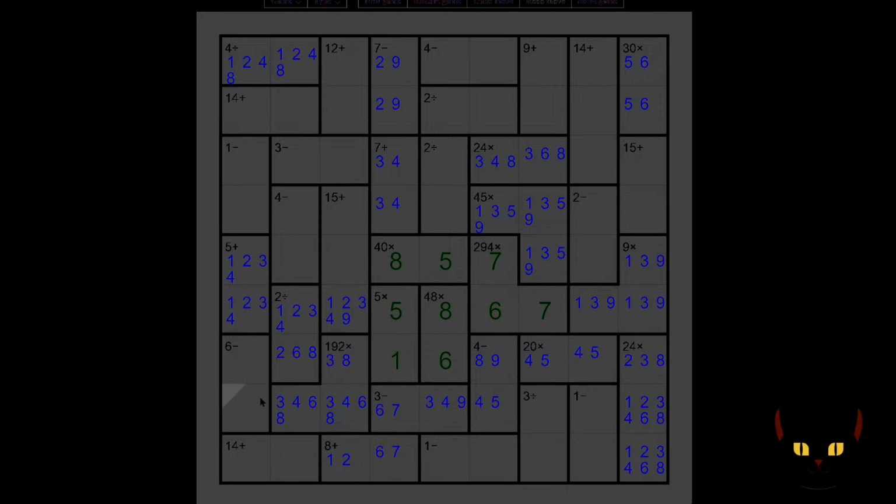Difference of 6 is relatively easy. So 2 and 7 go together, 2 and 8 go together, and 3 and 9 go together. 1 from this round, which means this 7 is no good anymore.